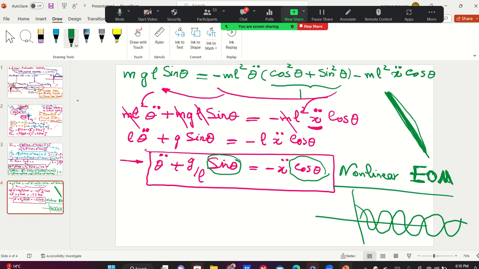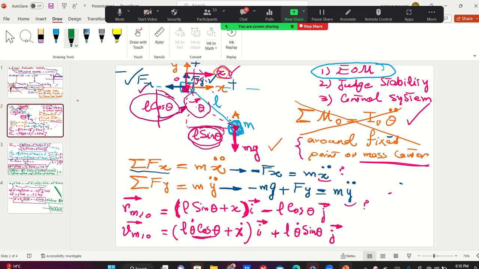The equation of motion. This is how we write it in abbreviation. So we did the first step for control. Now we have to judge the stability of the system.